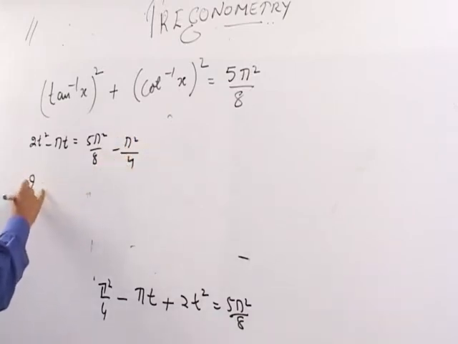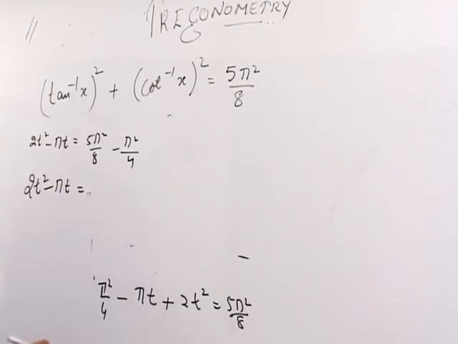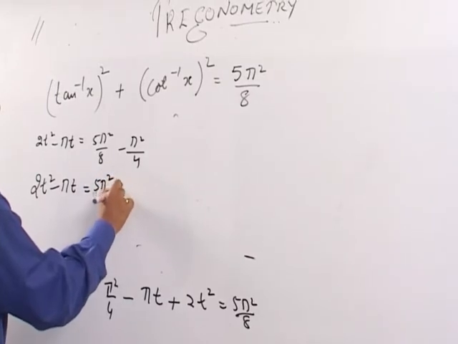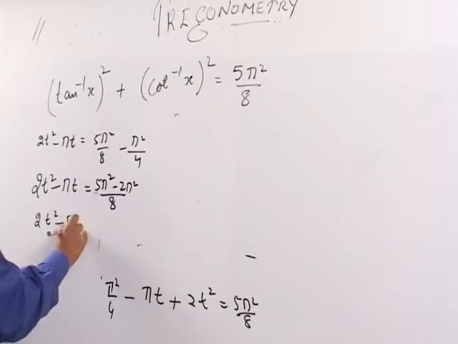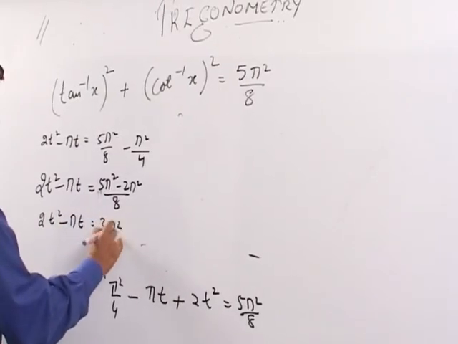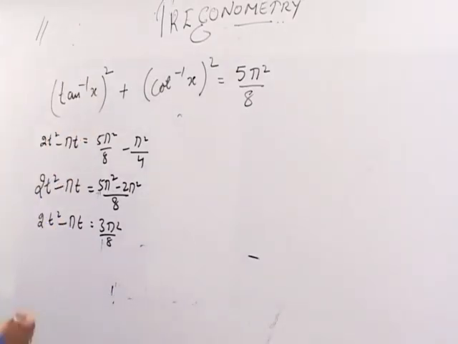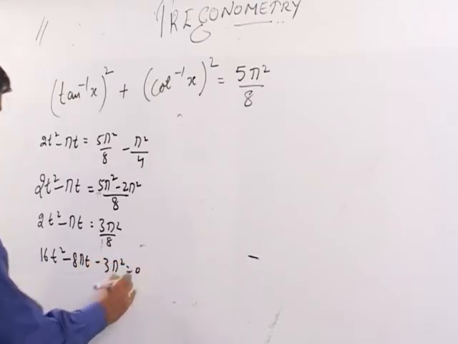This is equal to (5 pi square minus 2 pi square) over 8, so 2t square minus pi t is equal to 3 pi square over 8, and this will be 16t square minus 8 pi t minus 3 pi square is equal to 0.